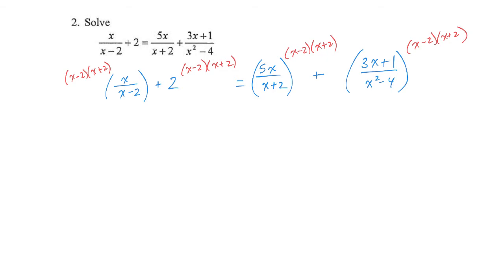So let's go through and simplify each term. Well, my x minus 2 divides out my x minus 2, and my fraction is gone. My first term now becomes x times my x plus 2. I needed to go through and multiply what was remaining.